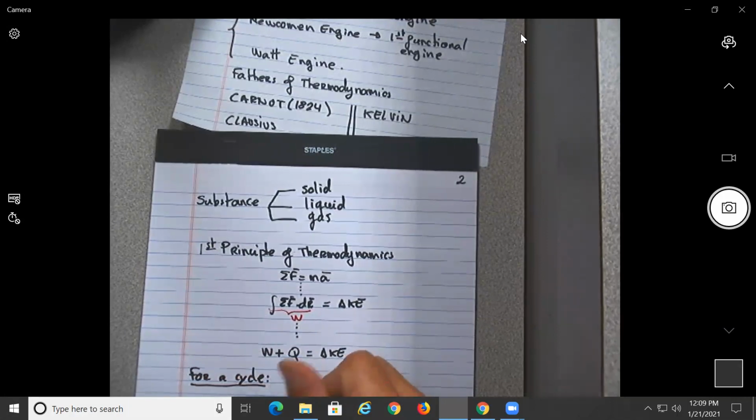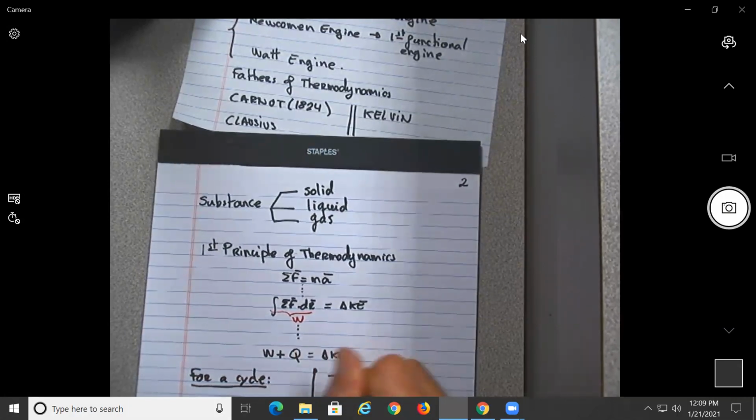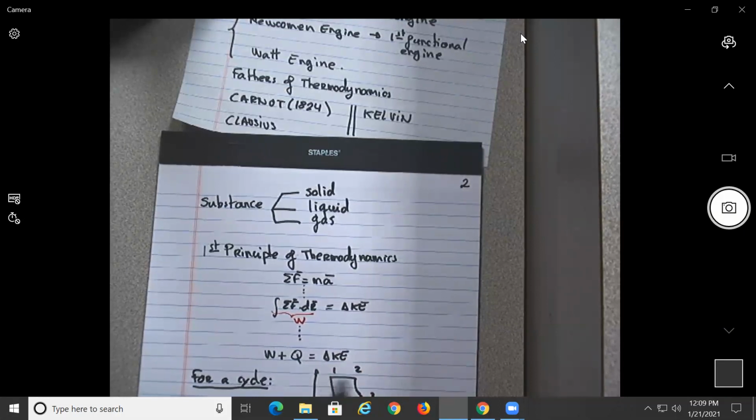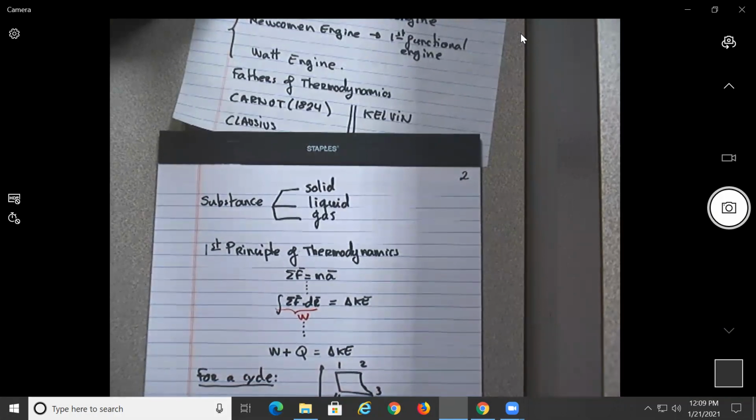So what is a cycle? A cycle is whatever you want. Let's go. We have a process 1, 2, 2, 3, 3, 4, 4, 1. If we start at point 1 and we end up at point 1, what will be the total change in energy? 0, no? Yeah? So for a cycle, well, you will have what? Work plus heat equal to 0.